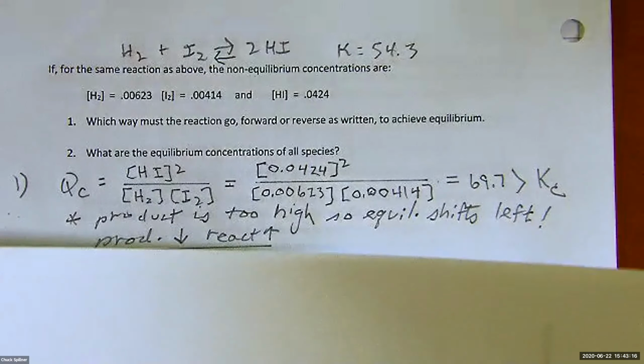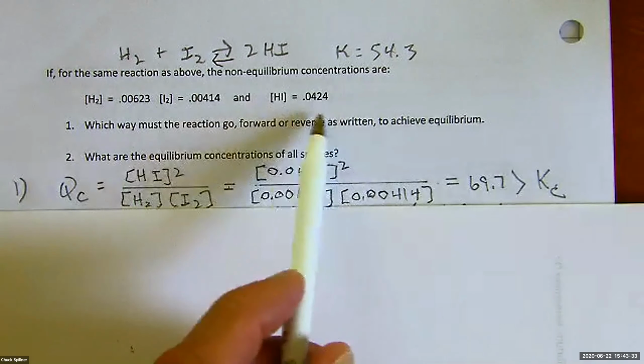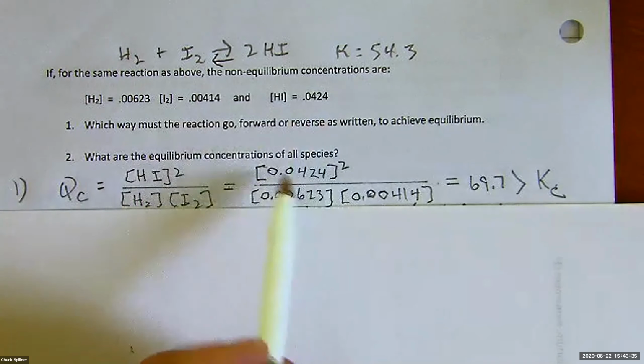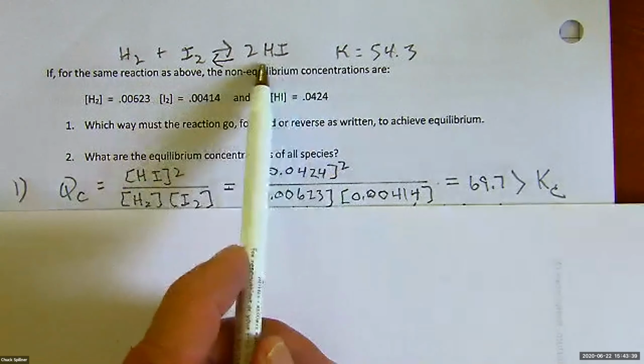So we're going to solve for Q. We plug in the values that are given for HI, H2, and I2. For HI, you just plug in the value given. You don't multiply times 2x or anything like that. You do have to square it because of the coefficient in the equation.